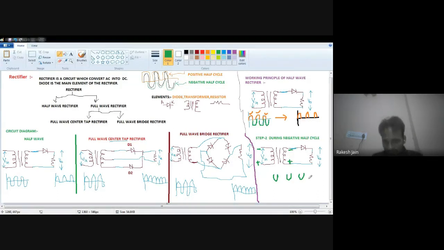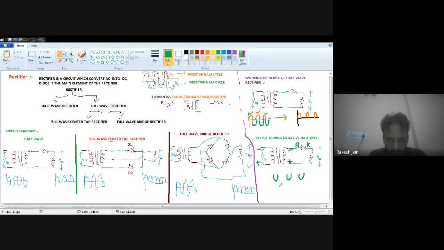So what will happen? Now see, this is the anode terminal of the diode, and this is the cathode terminal of the diode. I have already taught you that whenever the anode, that is the P side of the diode, is connected with the negative of an external supply, and the cathode is connected with the plus of the external supply, then we say the diode is reverse biased.